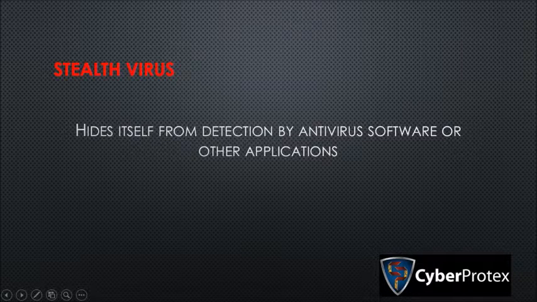The last one we're going to be talking about is the stealth virus. As you can guess from the name, it goes out there with the specific purpose of hiding itself from antivirus software. This one can attach to the boot sector of your hard drive. When certain scans or other programs on your system run to look out for viruses, it can redirect commands around itself.